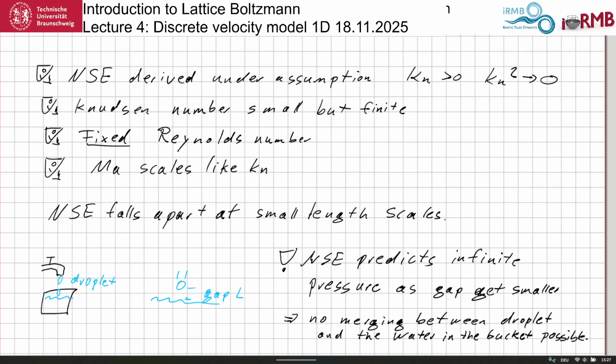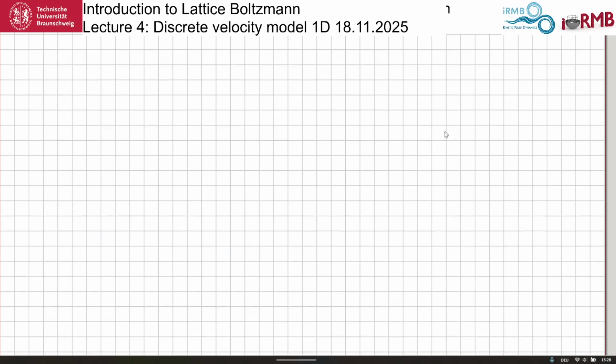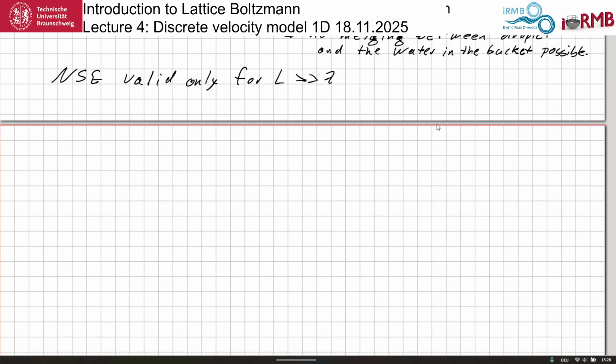Now you know from experience that of course it is possible, and again this is only for L much larger than lambda. And just for completeness, I write this down.